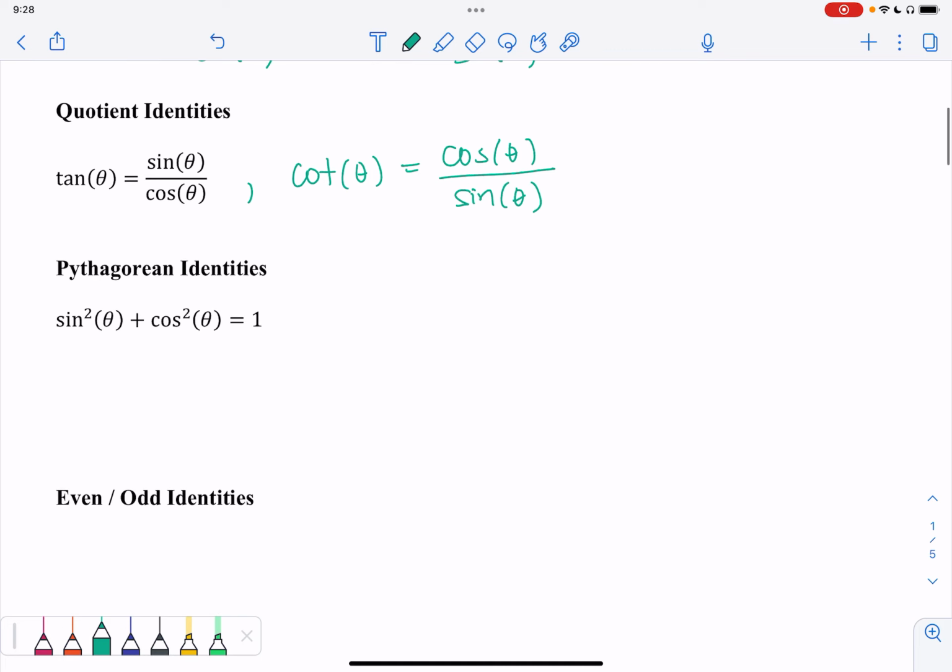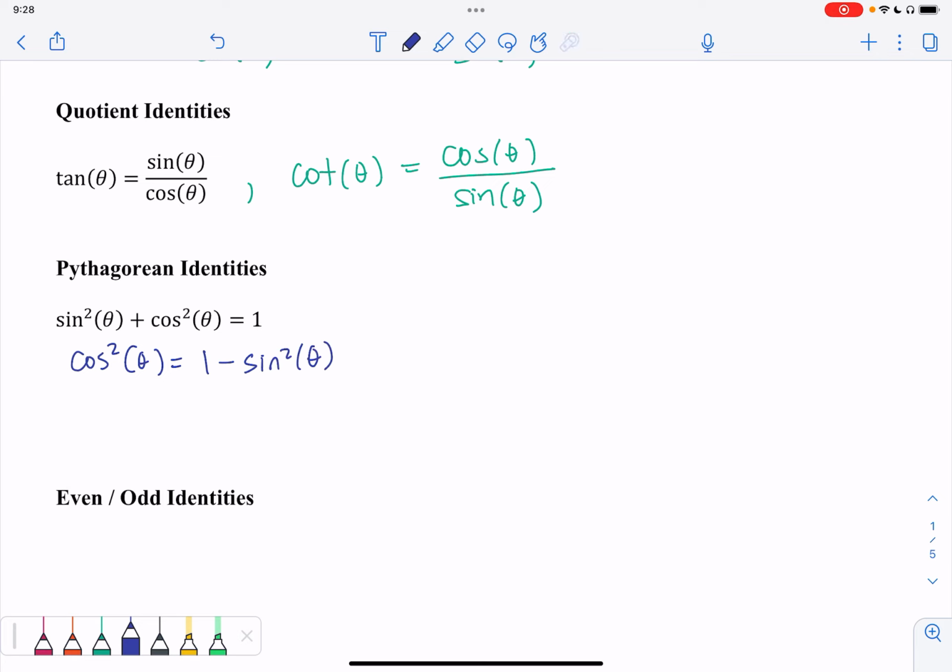All right. The Pythagorean identity, like the main one that we start with, is going to be sine squared theta plus cosine squared theta equals 1. And we're going to use this a lot. We're also going to see this in different ways. So sometimes I might see this as cosine squared of theta is 1 minus sine squared theta, so just rearranged.